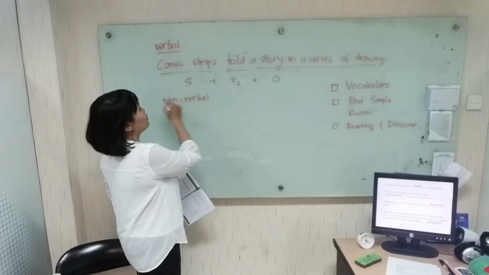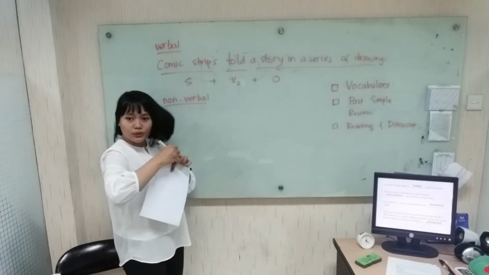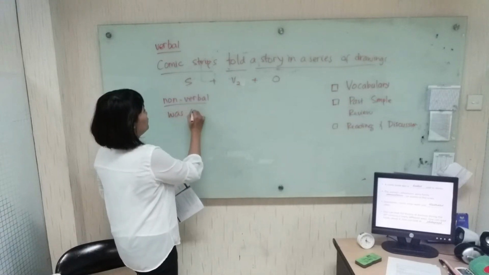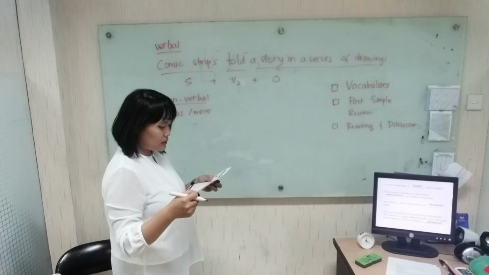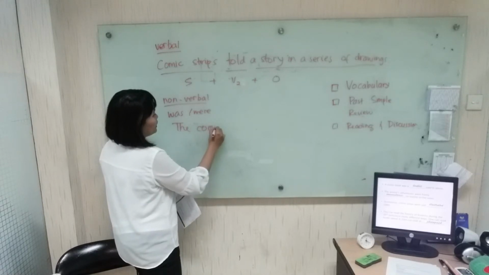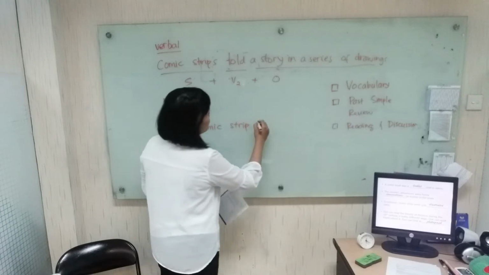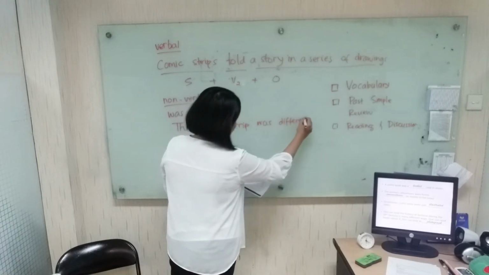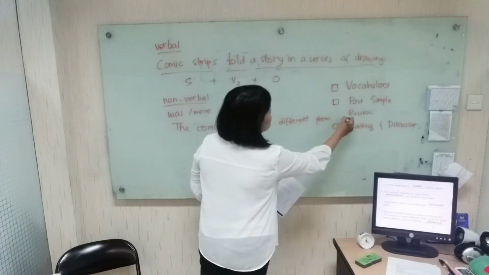And let's go on to the non-verbal one. Yes, if we use a verb in the verbal sentence, the non-verbal one uses, yeah, was or were, the be. One example, please. Good job. The comic strip was different from a cartoon or comic book.